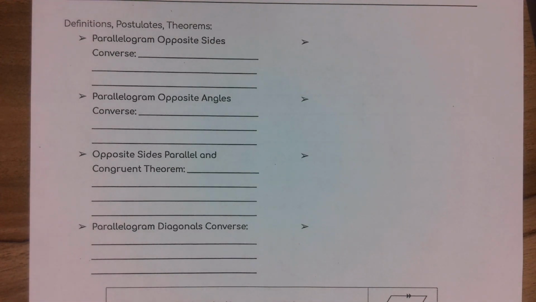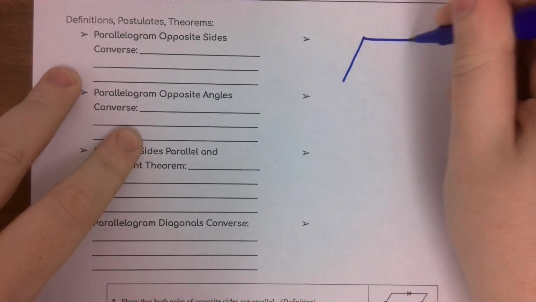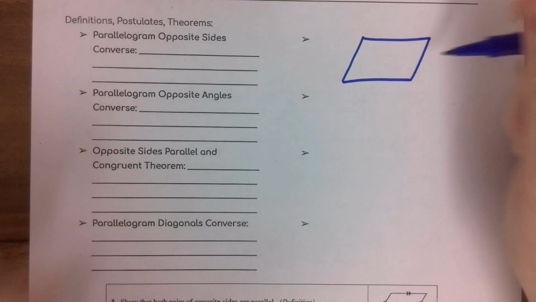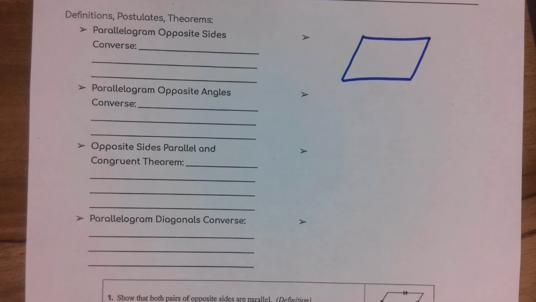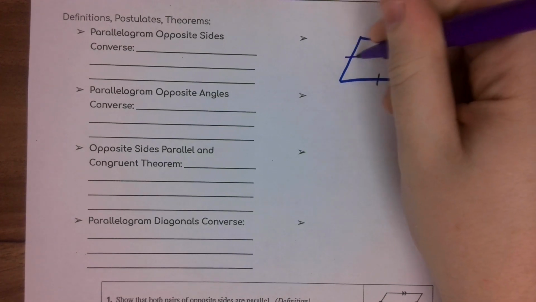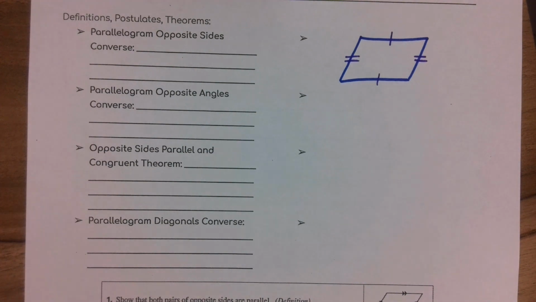In general, here is the deal. We've got a shape. We don't know that it's a parallelogram, but we think it might be. We know that if both pairs of opposite sides are congruent to each other, then the shape has to be a parallelogram.